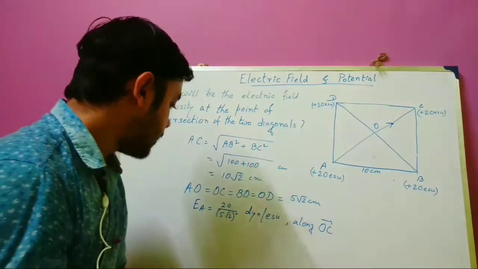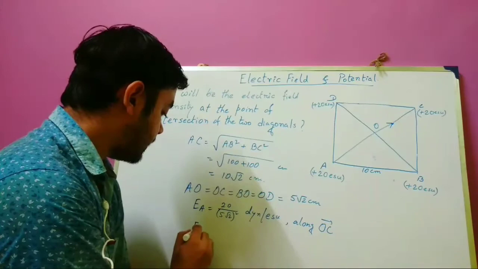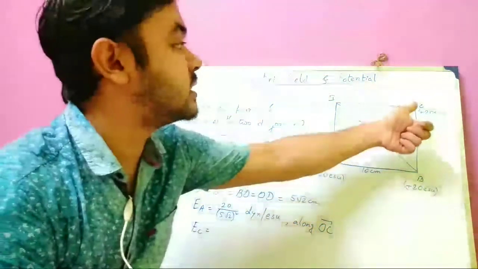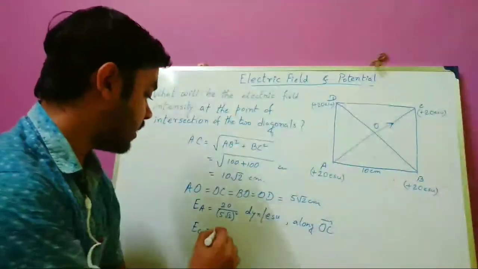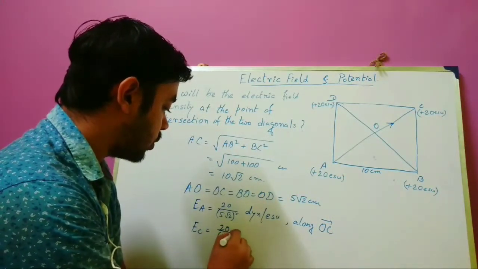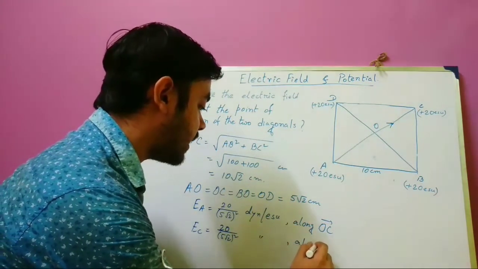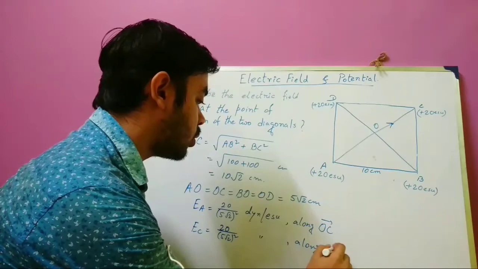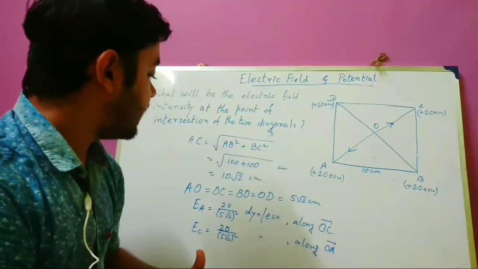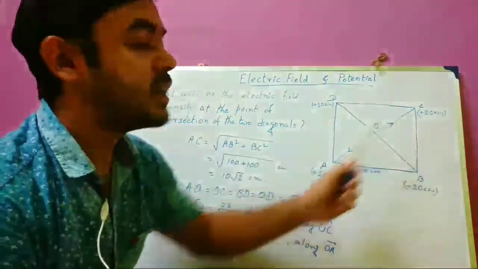Okay. Now this is EA, and EC, that is the electric field intensity at point O due to the charge placed at C, is given by 20 divided by 5 root 2 whole square dyne per ESU, and it will be along OA.